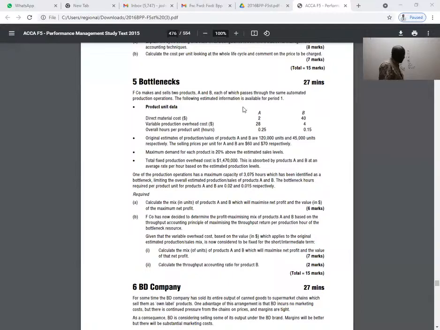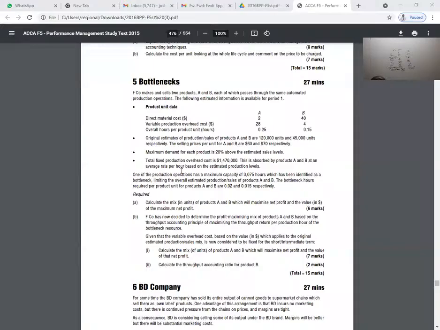So you see, here you should not confuse, because what this examiner has done here, he has given you the overall hours per product unit, overall, right? But the constraining factor has been defined down here.